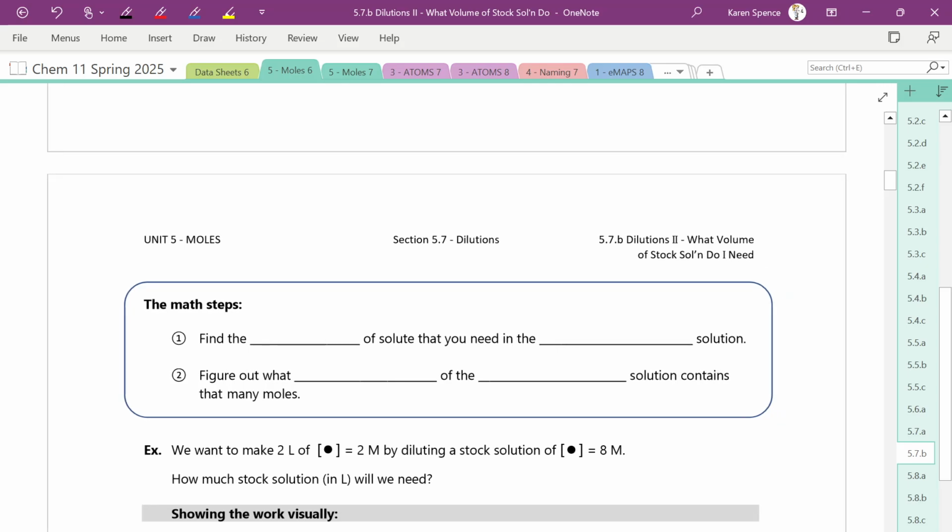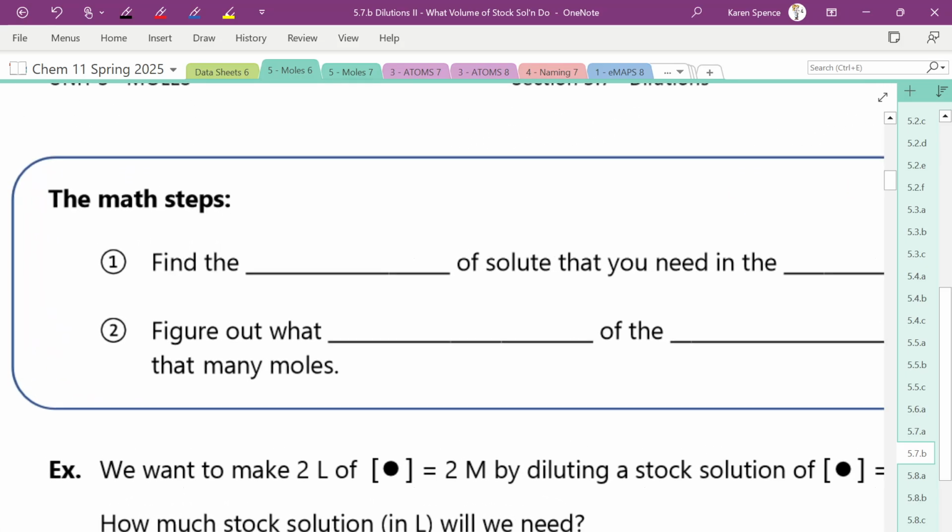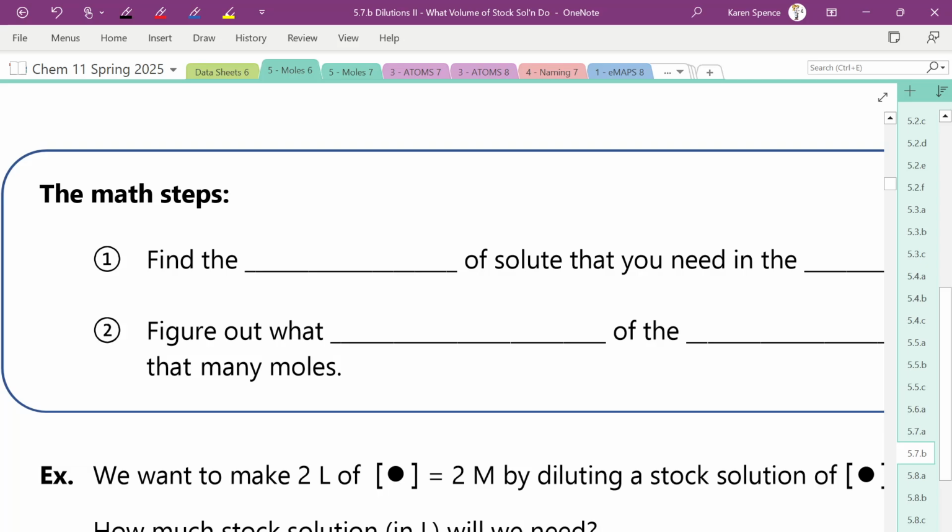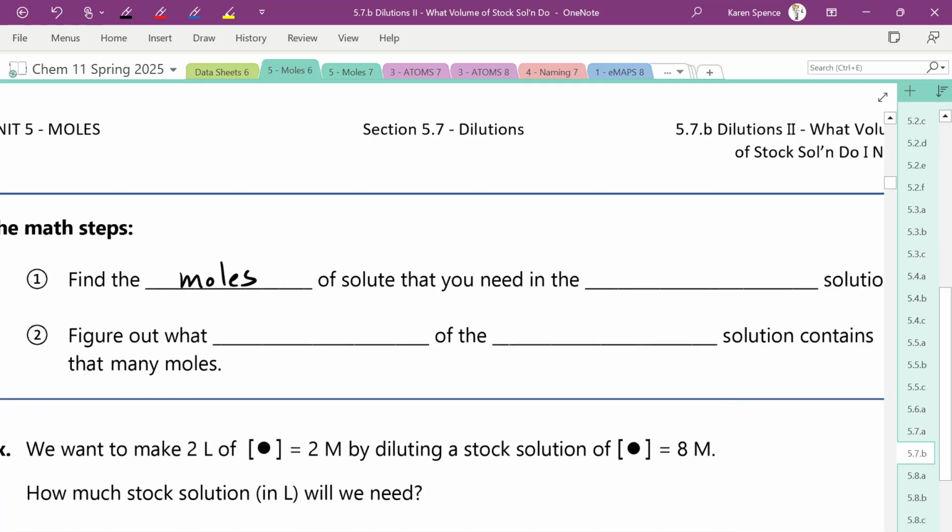Now, the math for this. Step number 1, just like the other dilution problems, what was step 1 in the other type of dilution problem? Find the moles. So we want to find the moles, and in this case, it's the moles of solute you need in the final dilute solution.